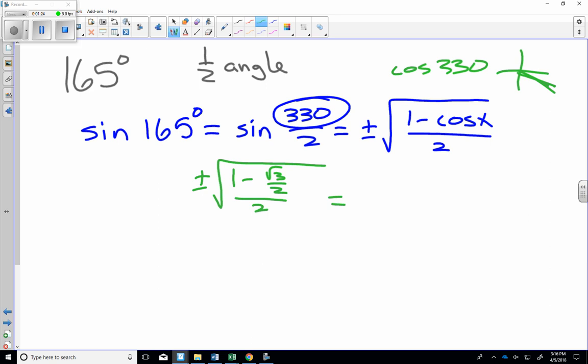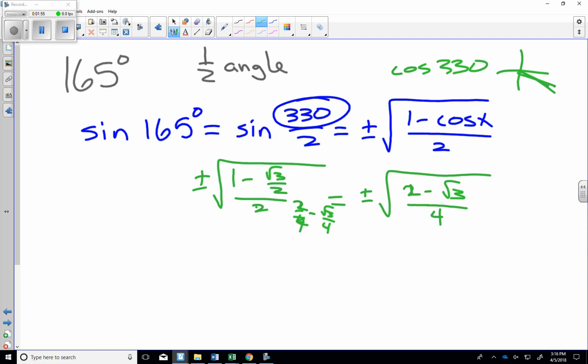which then, multiplying by 1/2, is going to get you plus and minus the square root of 2 minus the square root of 3 over 4. Now how to get that? Well, if you put this underneath each of these two things, you're going to have 1/2 minus the square root of 3 over 4, and then this has to turn into 2/4.